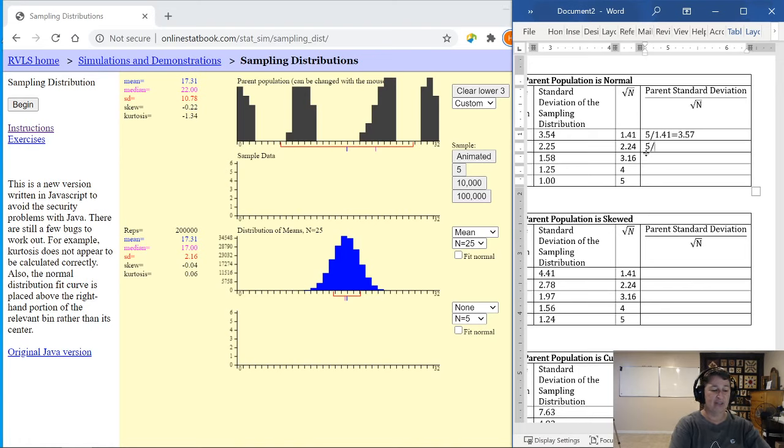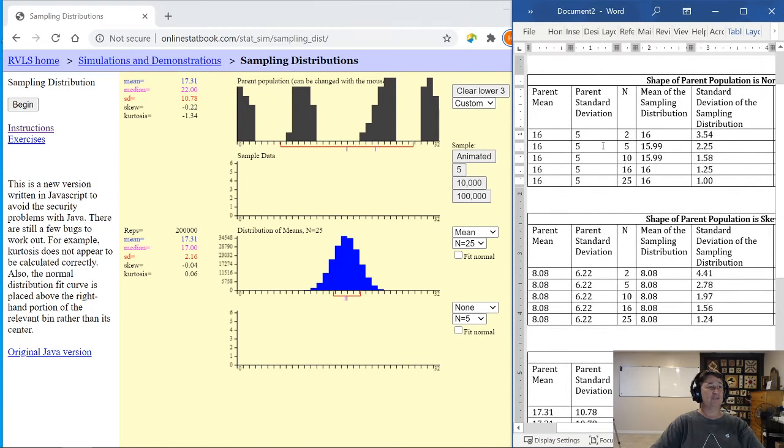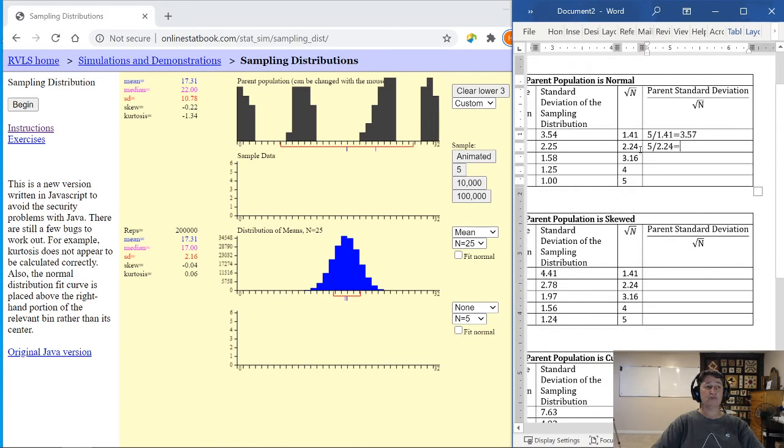I'm going to divide that by the 2.24, the square root of 5, and see what that is equal to. 5 divided by 2.24, I got 2.23.